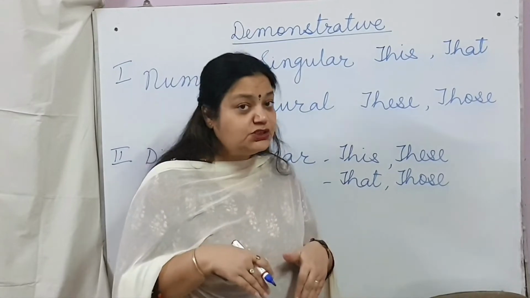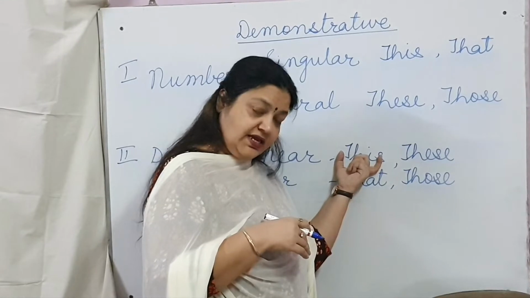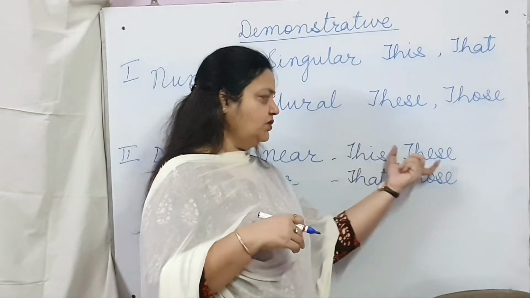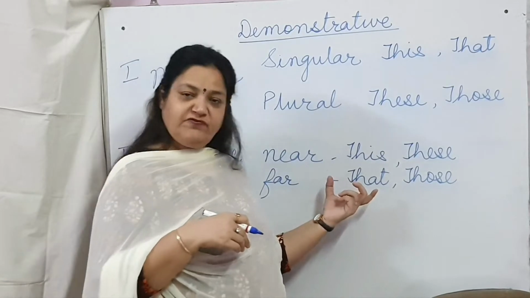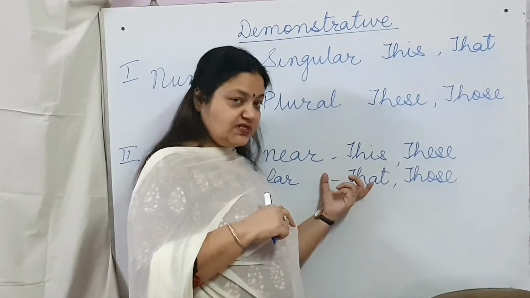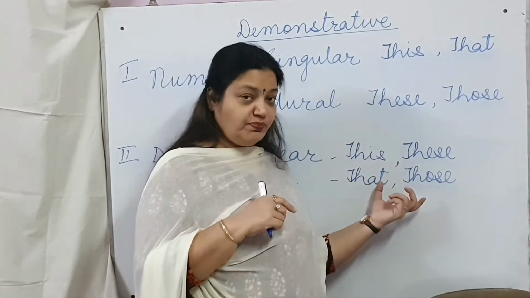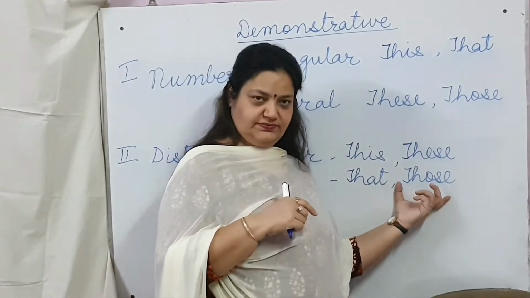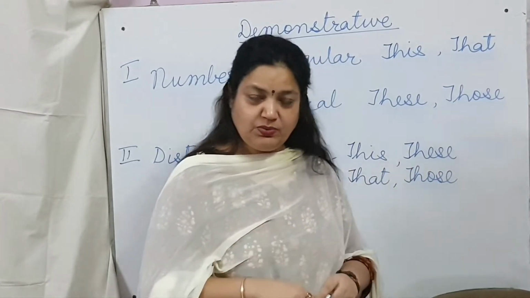If something which is near to me but is singular, I use this. And if something which is near to me is in plural number, then I use these. Same way, if something which is far from me and is singular, I use that. And if something which is far from me is in large number, two or more, then I use those. I hope this much is very clear to you.